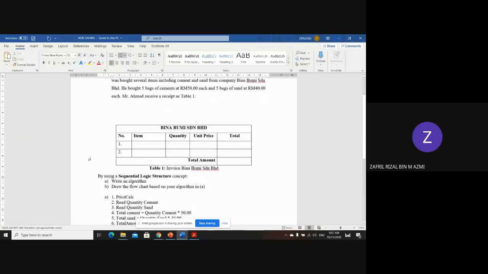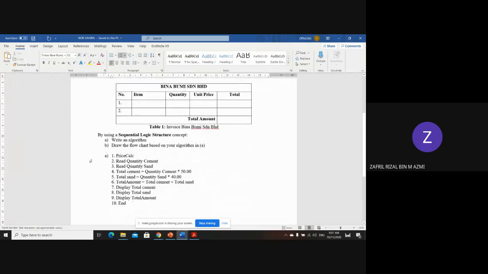Okay, the second task. Shaira, what's wrong with your algorithm? What is the mistake in your algorithm? This one I already explained earlier.